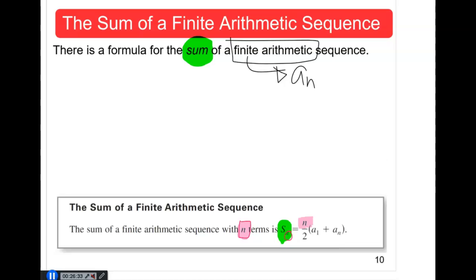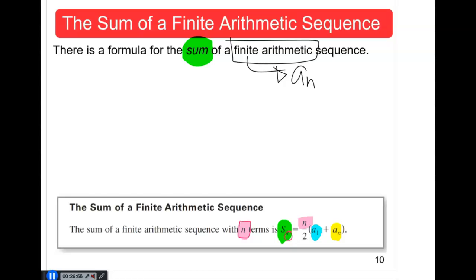And then we're also going to use the first term, as you already recognize. The subscript is a sub 1 for the first term. And we're also using the last term. So we're going to substitute 3 things to find that sum.